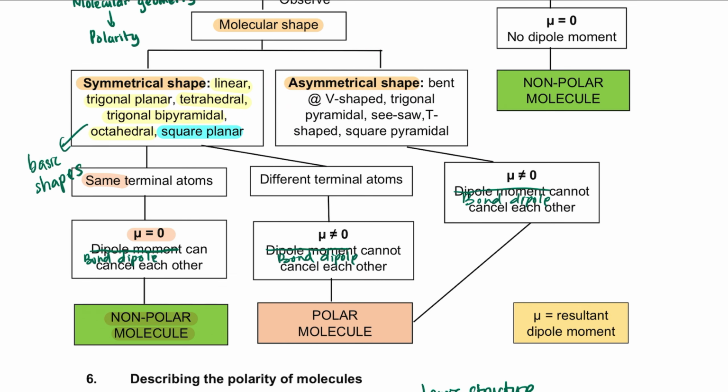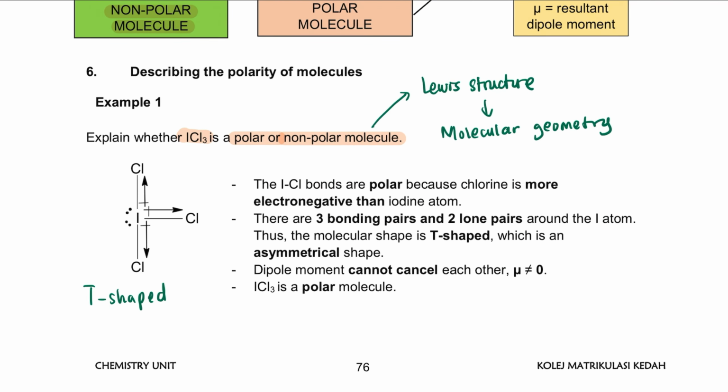So we directly get T-shape, mu not equal to 0, polar molecule. That means ICl3 is a polar molecule.